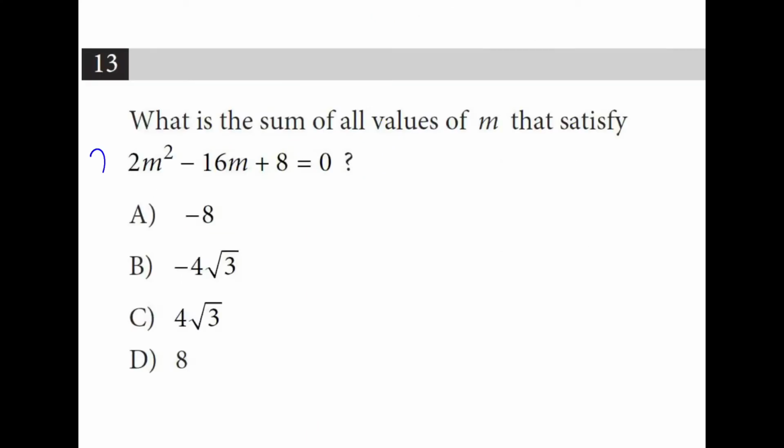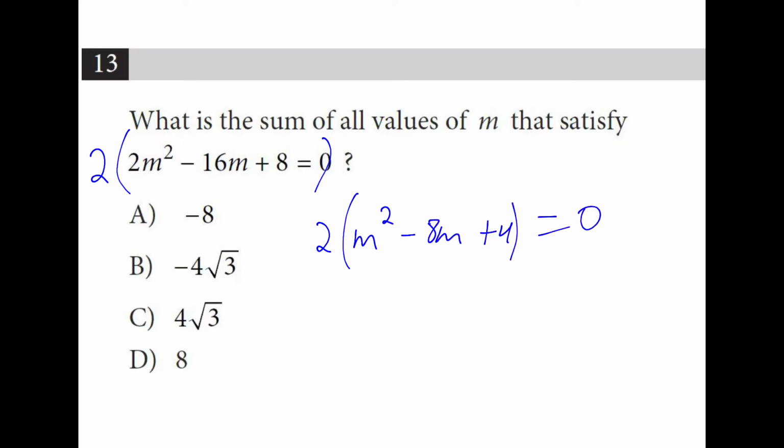First thing I can do here is I can pull out a 2, and when I do that, this becomes 2 times m squared minus 8m plus 4 is equal to 0. If you tried to find the numbers that multiply to give you 4 that add to give you 8, it doesn't really work. So we can use the quadratic formula, where a is 1, b is negative 8, and c is 4.